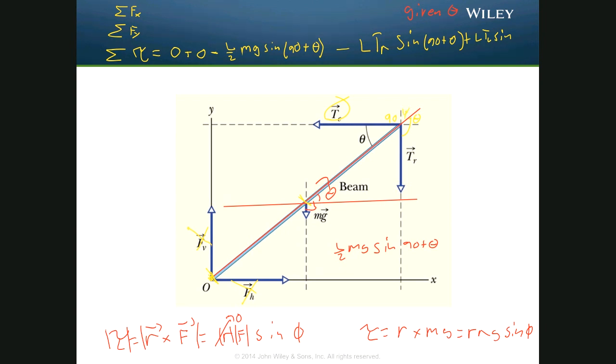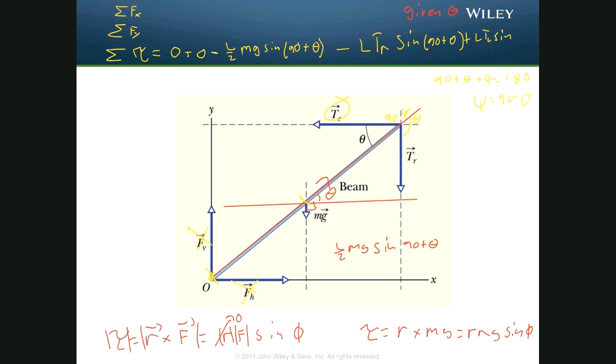Now I know that 90 plus theta plus psi equals 180, right? And so I can figure out that psi equals 90 minus theta.